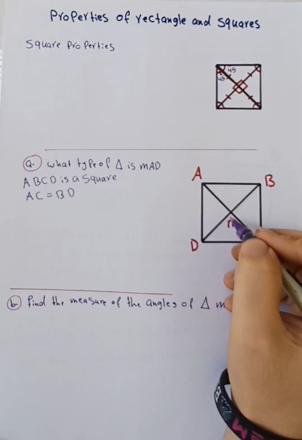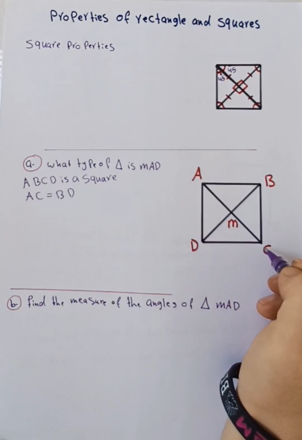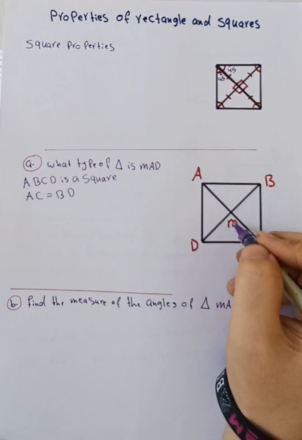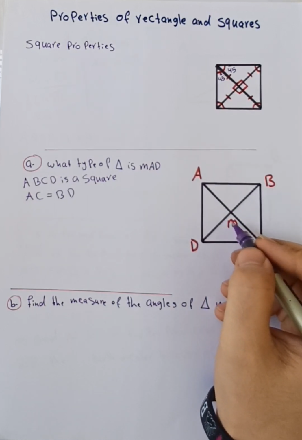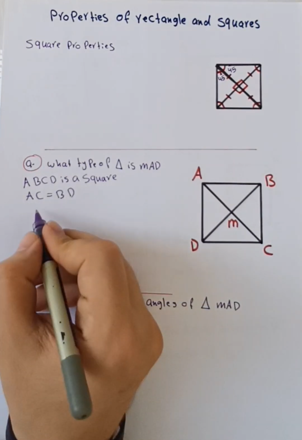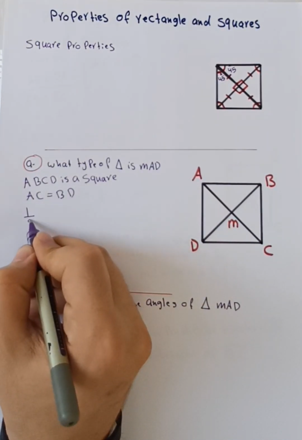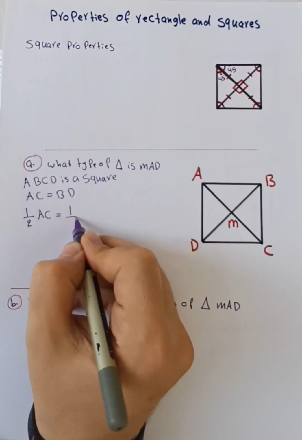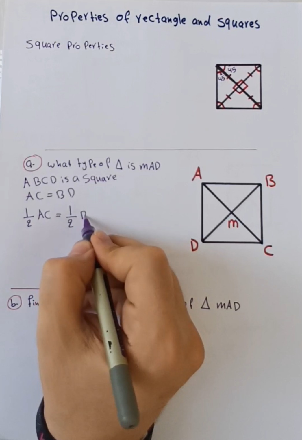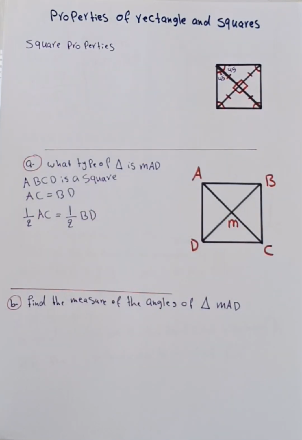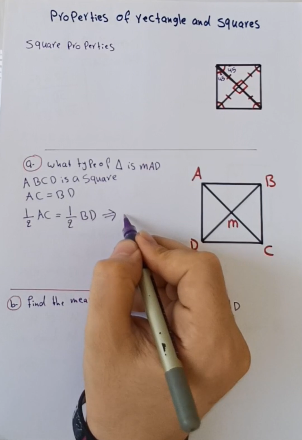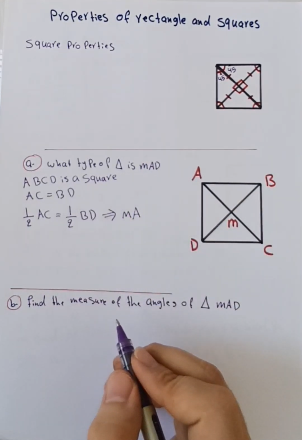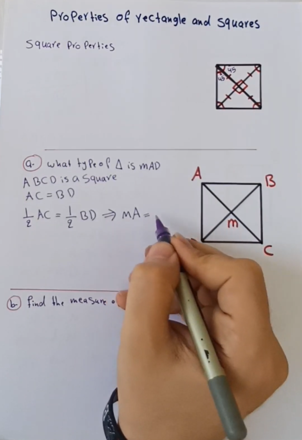It means MA equals MC and MB equals MD, and then MA equals MB and MD equals MC. So we can say 1 out of 2 AC equals 1 out of 2 BD. So we can say MA equal to MD.